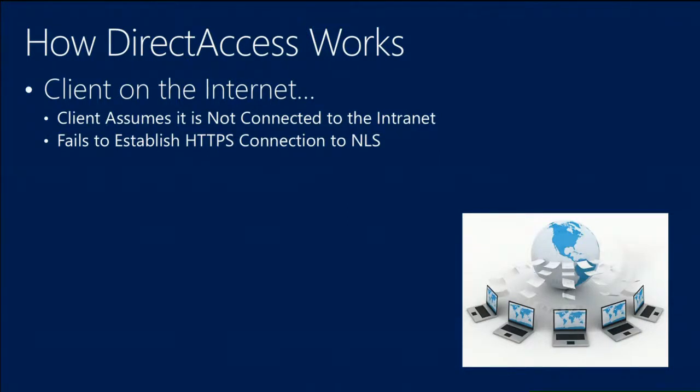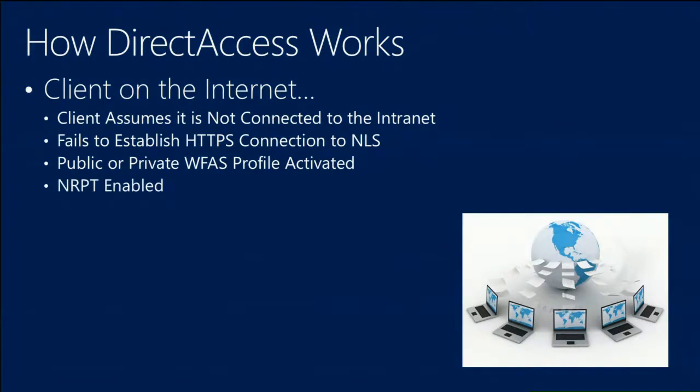It won't connect. And at that point, it's going to initiate either the public or the private Windows Firewall with Advanced Security profile. When that happens, the name resolution policy table gets enabled. And the name resolution policy table says, hey, for this namespace, corp.example.com, send your request to this specific DNS server, and that DNS server happens to be on the other side of our IPsec tunnels.